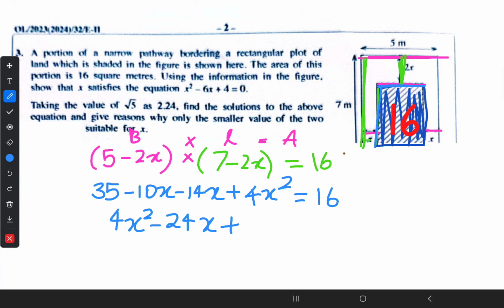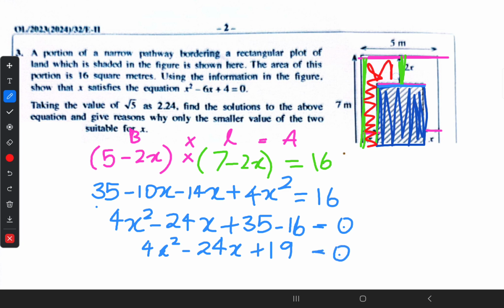Wait, 7 fives are 35, and 10x plus 14x is 24x. Then from 35 we have to subtract 16, which equals 0. So 4x squared minus 24x plus 19 equals 0.